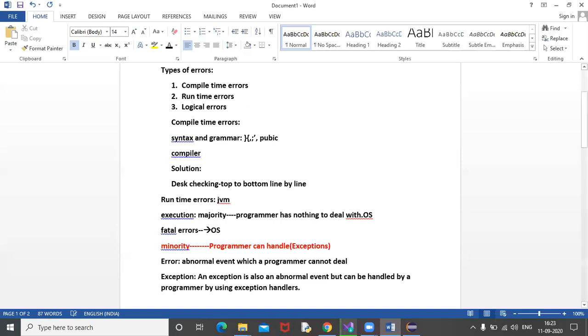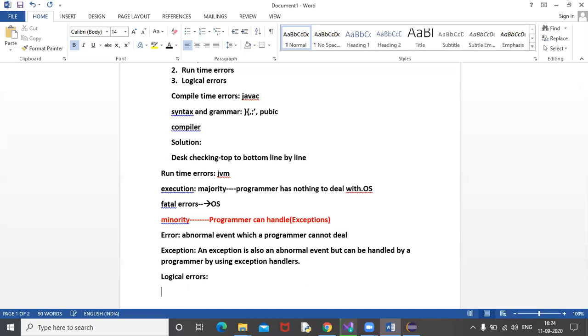Javac is the name of the compiler, I told earlier, that is going to notice the compile time errors, whereas JVM will notice those runtime errors, and majority errors we cannot deal, and few errors we can deal. They are known as exceptions. Fine. Now the last but not least, that is logical errors. So what are logical errors?